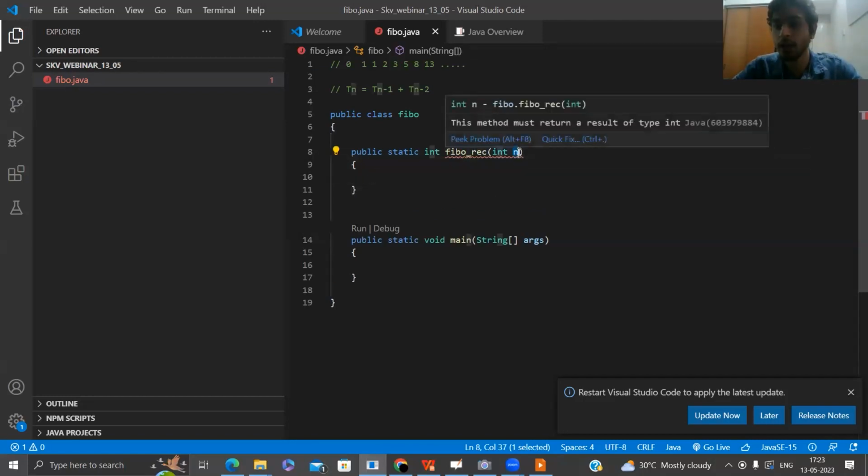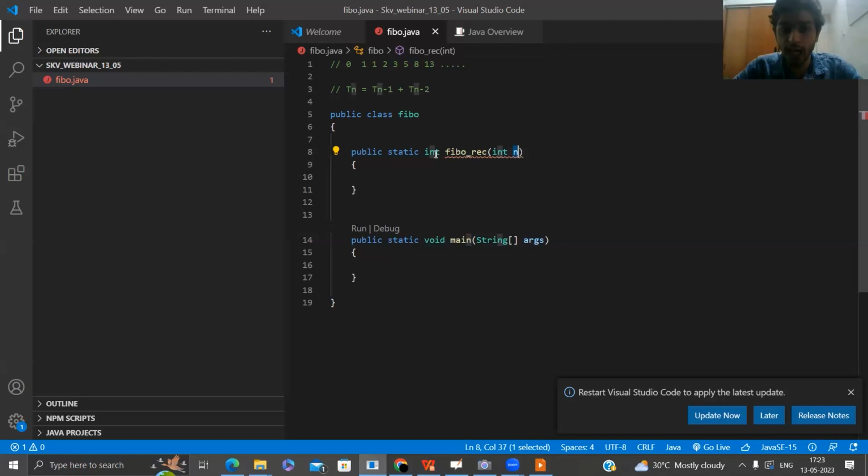And over here, I'm going to be taking in the signature of the function the value of n, right? So basically, I'll be calling this function from main method by passing n to it. Suppose n is 5, right? And I expect that whenever I call this function from the main method, this function is going to return the value of 5th Fibonacci number, right?